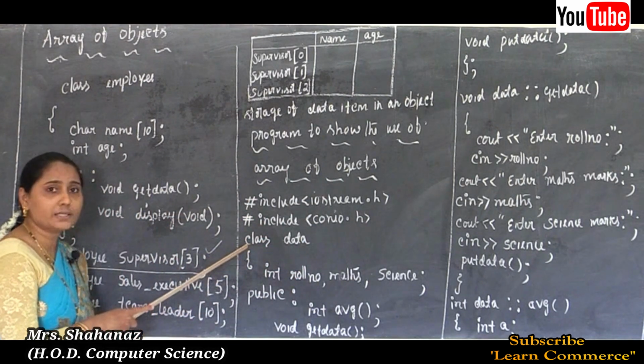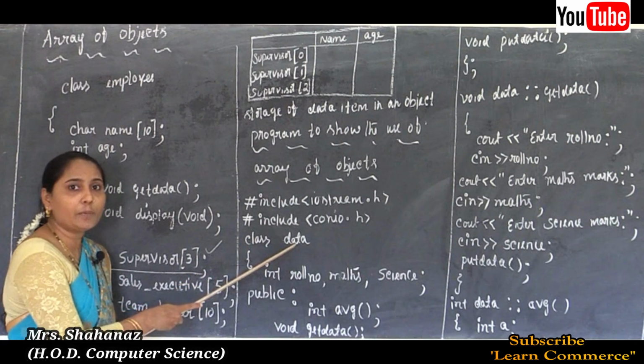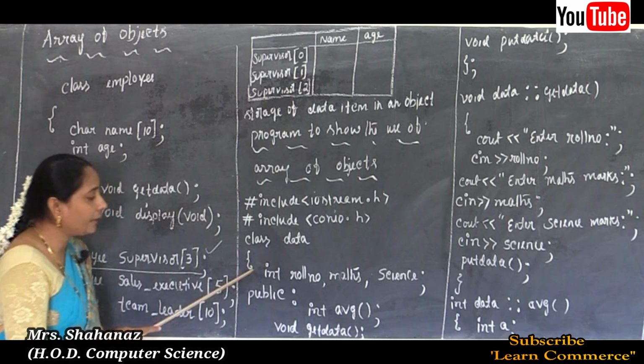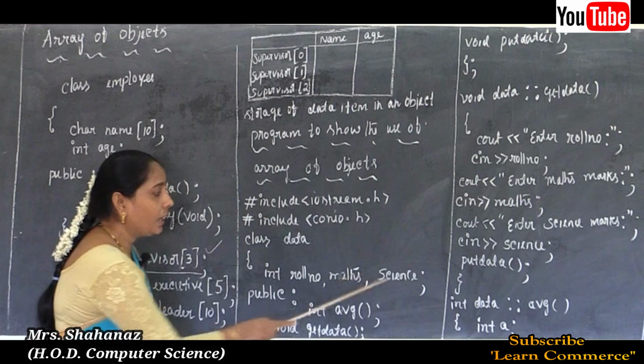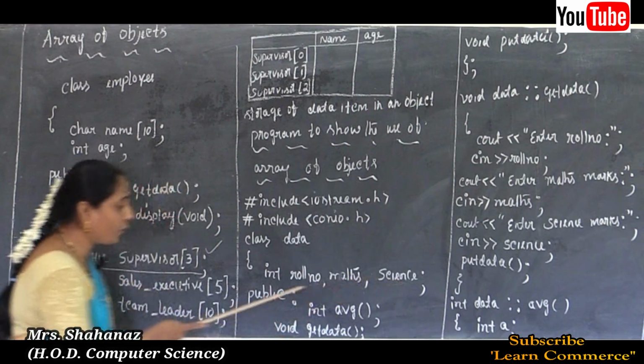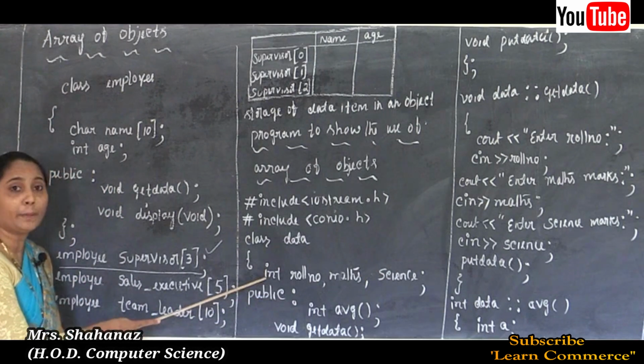Now class is the keyword. The name of the class is data, and next, the member data are roll number, maths and science. I want to declare the roll number, maths and science by using the data type int. Why?